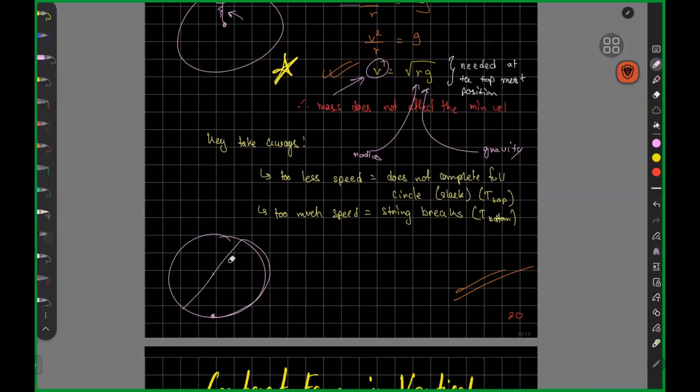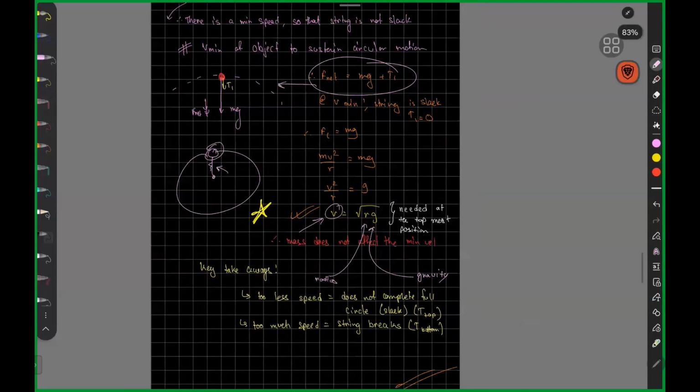And if it has enough speed, it will keep going through that vertical circular motion because it has the right speed throughout the journey. And if you have too much speed, the only problem we have is the string can break off. Nothing else. And that's pretty much it.